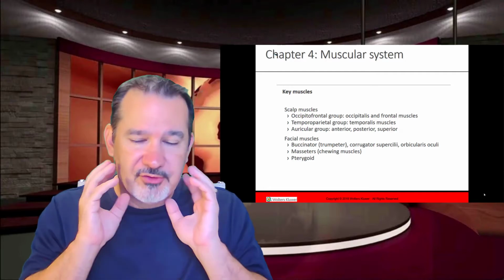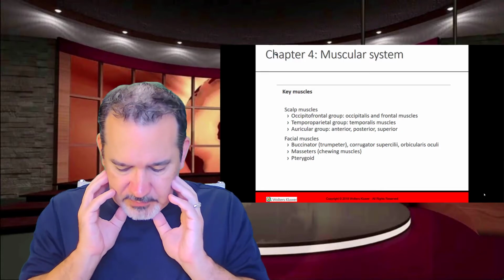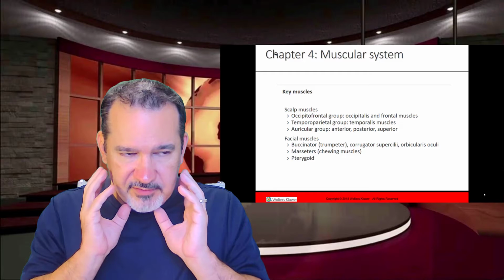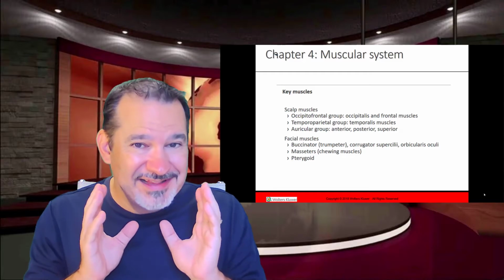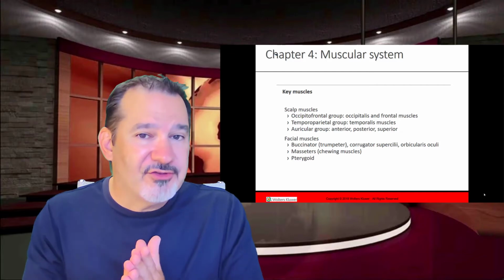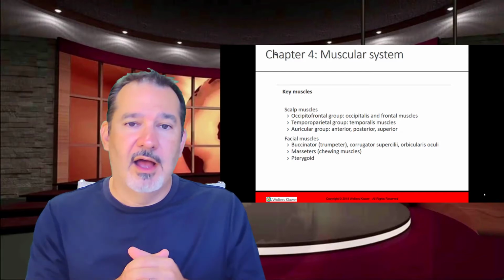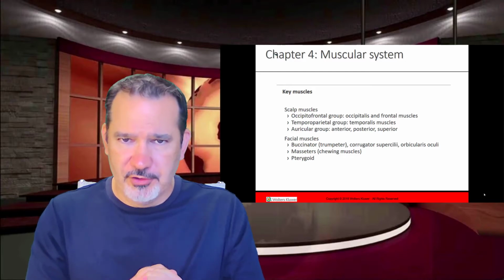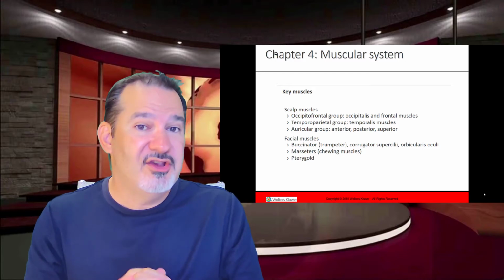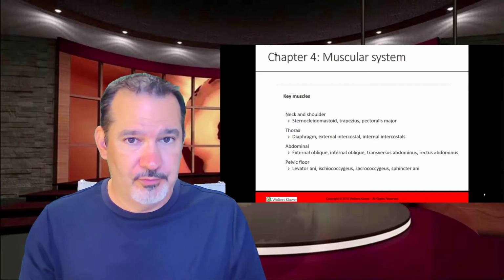The buccinators help to move the cheek muscles. They aid in smiling and blowing or whistling. The masseters are the muscles involved in chewing. Another good term is mastication. The process of mastication is to chew.